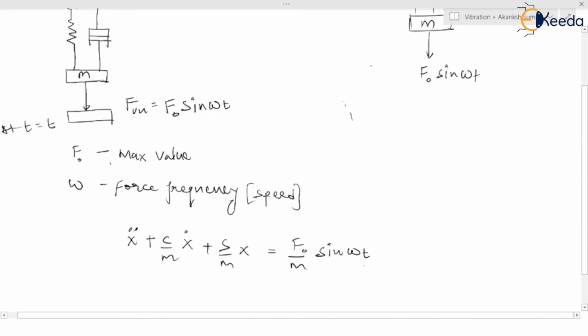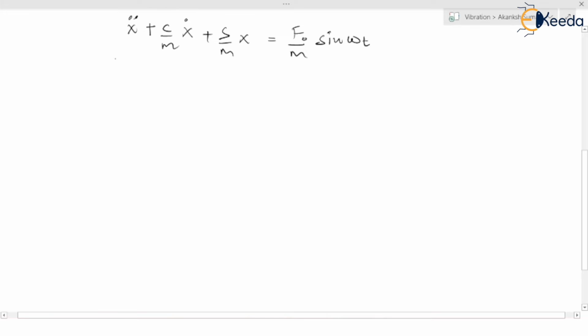Now we just have to rearrange these equations. We all know that C by M value is equal to 2 zeta omega n, where zeta represents the damping factor or the damping ratio, omega n represents the natural frequency of vibrations, where C is the coefficient of damping.